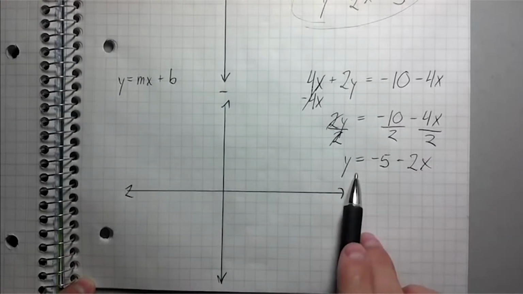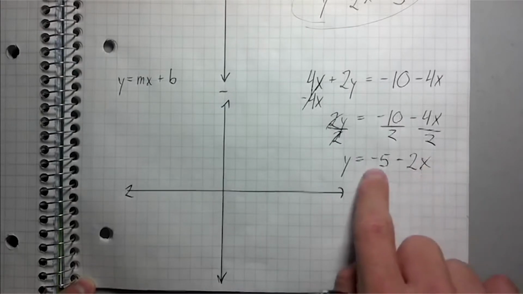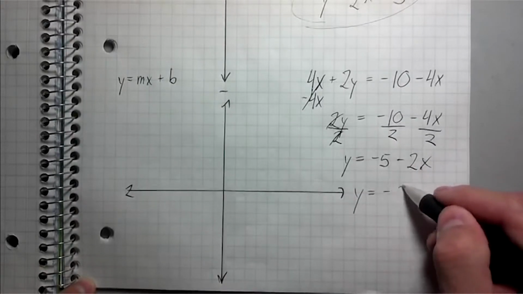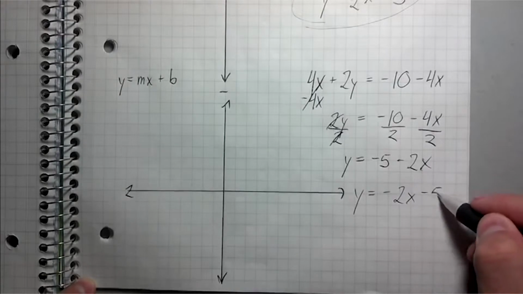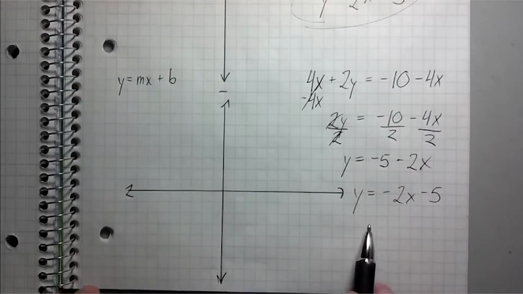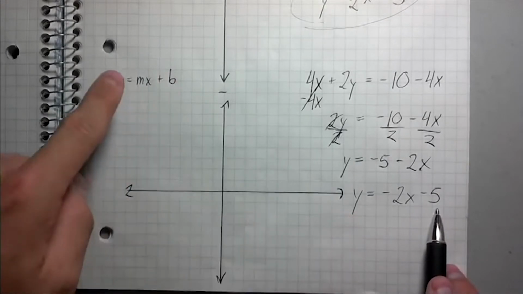Okay, final thing I'm going to do, just for cosmetic reasons, is switch these two terms around. I'm just going to say y equals -2x minus 5. I didn't do anything, I just changed the order. The reason I did that is because I want it to be more obvious that it's matching up with slope-intercept form.